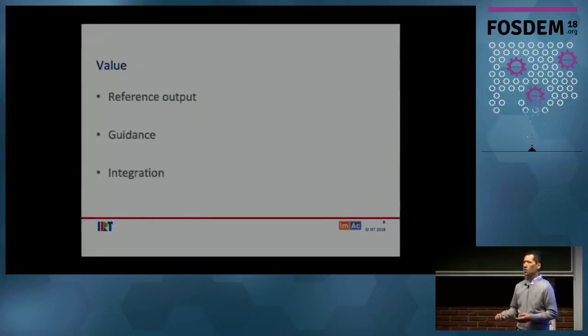So what is the value of a reference implementation? Some developers, I see also some developers here in the room, don't like to read long, complex standards and work through them. They really like to work by example and learn by example how to implement it.